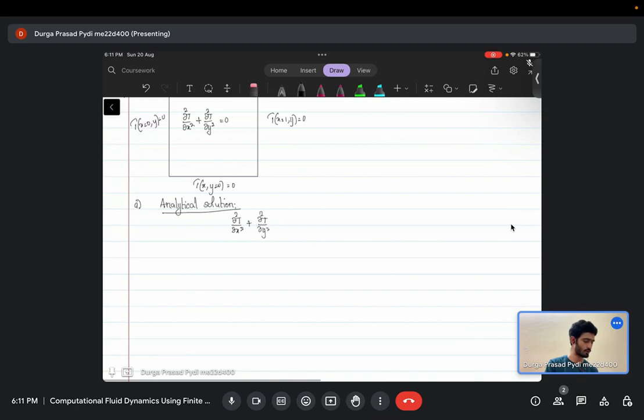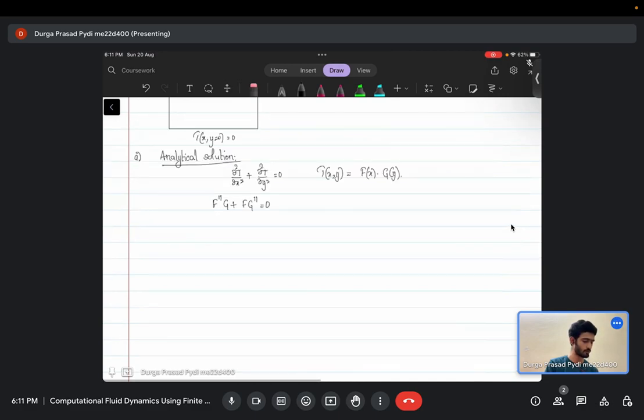You start with the method of separation of variables, where you assume T of x, y to be a product of two functions, f of x times g of y. Substituting here, it is f double prime g plus f g double prime equals 0. If you rearrange this equation, you need to know your boundary conditions as well. So we'll just come to boundary conditions now.